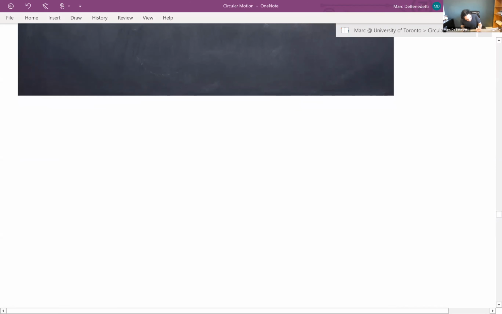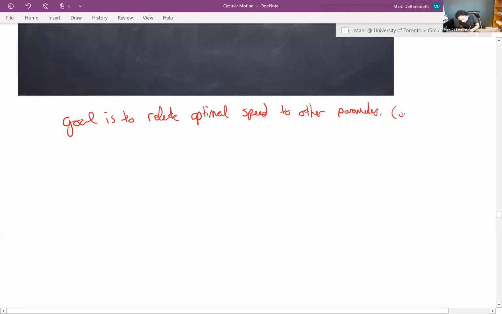So here, our goal is to relate optimal speed to other parameters. Optimal meaning no friction.